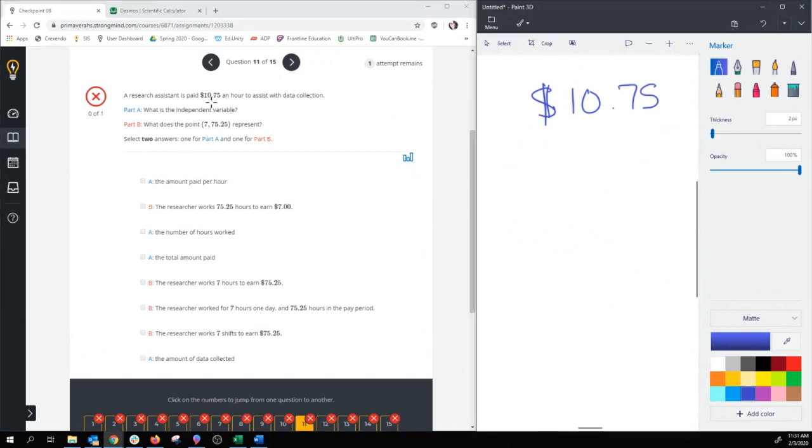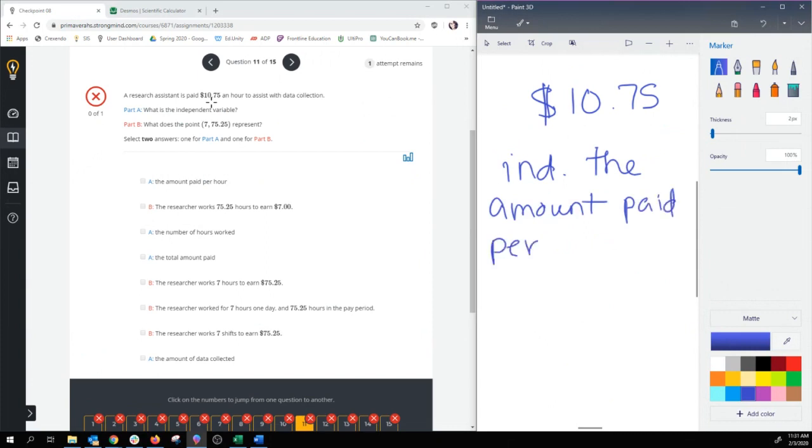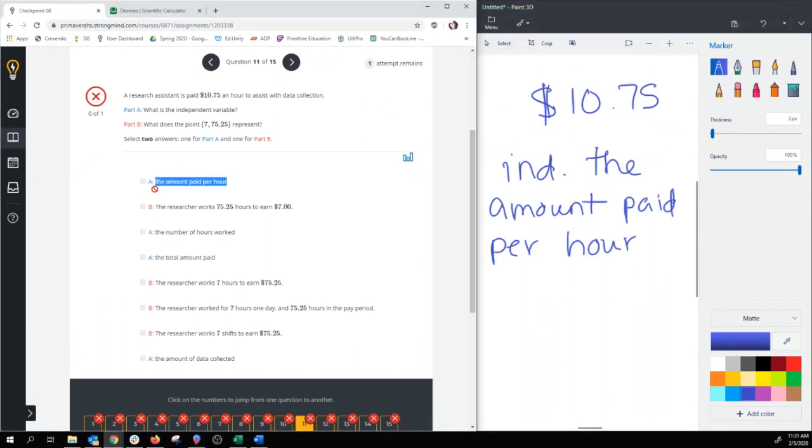So our independent variable here is going to be the amount paid per hour. So A is the amount paid per hour, and dependent would be the number of hours that you work.